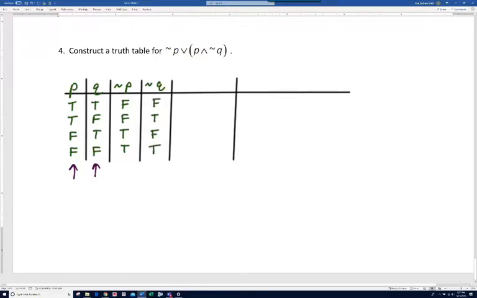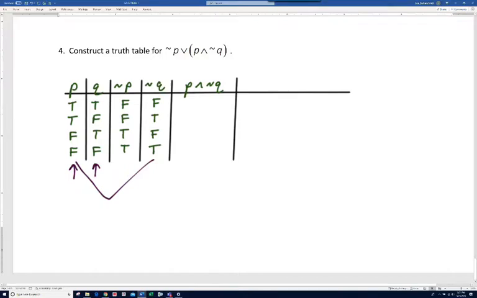So now notice what's in parentheses here. That's what we're going to want to do next. P and not Q. And so we're going to be working with these 2 columns here. Now again, this is an and statement, and we know and statements are usually false.